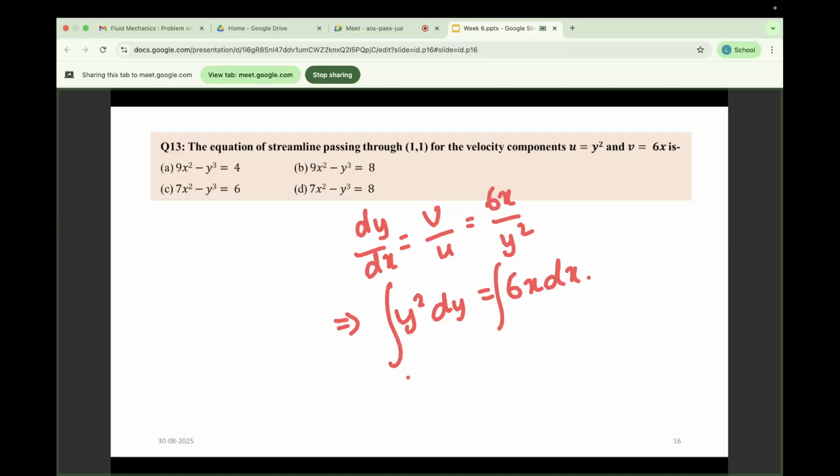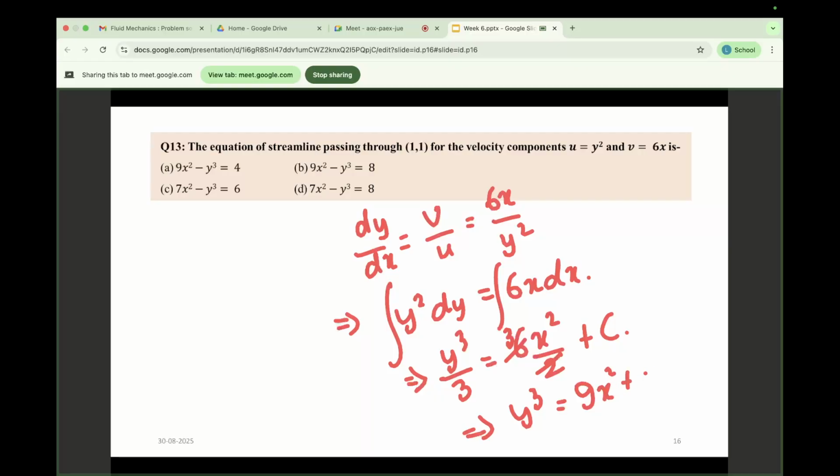By integrating, I will get y cube by 3 equals 6x square by 2 plus a constant. Ultimately, because in the options everything is in y cube, I just take y cube, so I have to multiply this by 3. So 3 times 3 is 9: 9x square plus 6.